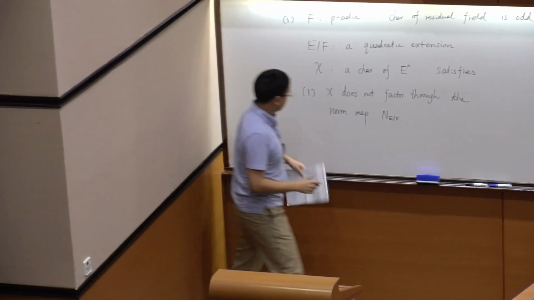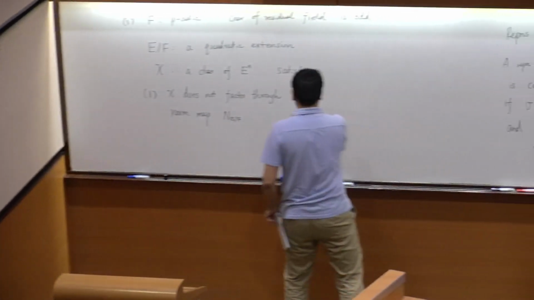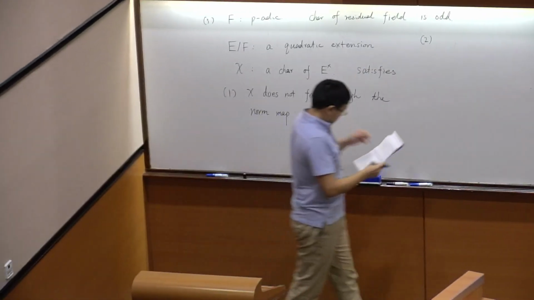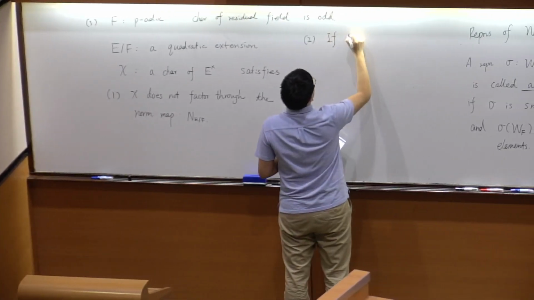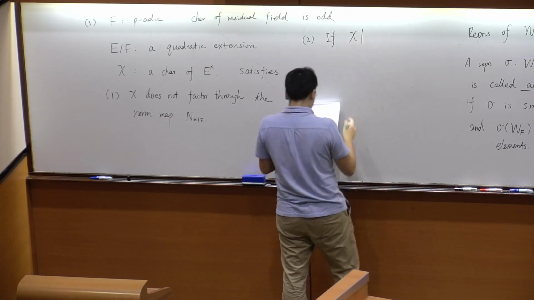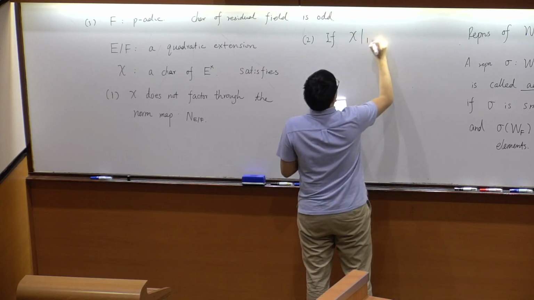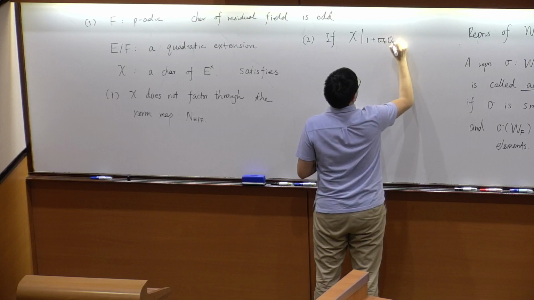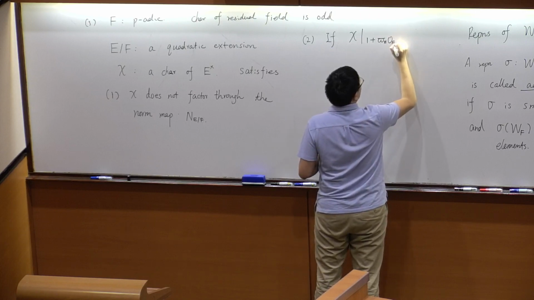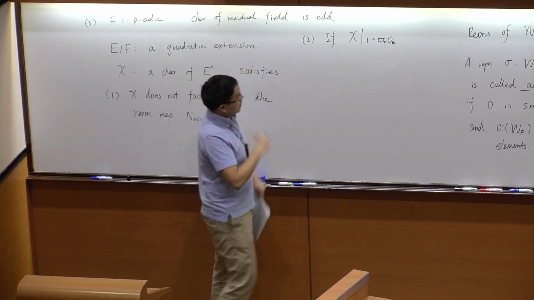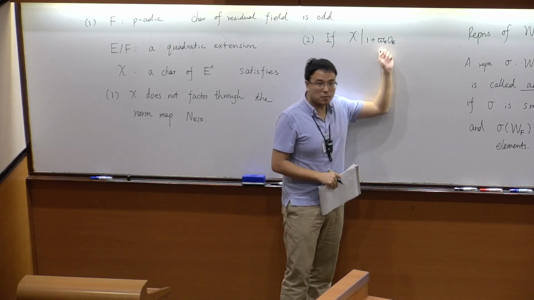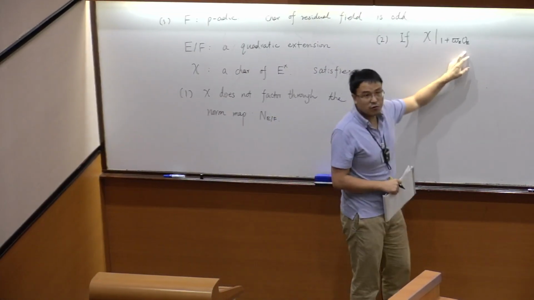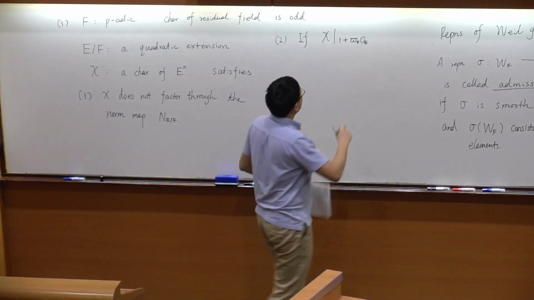And the second is a particular case for the level 0 case. So if I have chi restricted to 1 plus the uniformizer times the ring of integers. Here pi is the uniformizer for the quadratic extension E, and OE is referring to the ring of integers.